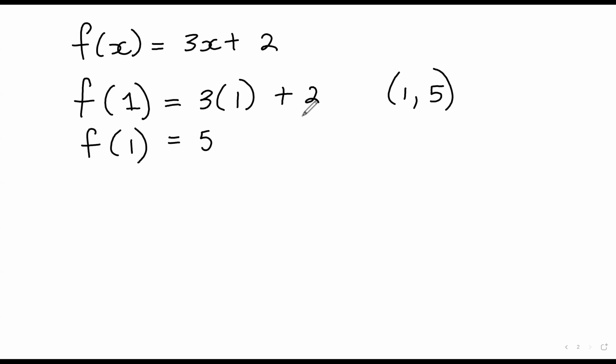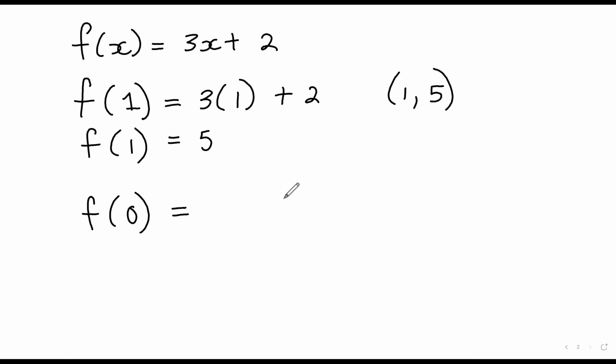Zaydan, what if I wanted to know the value of the function when x is 0? So f of 0. Anything multiplied by zero is zero. Correct. So then it'll just be two.